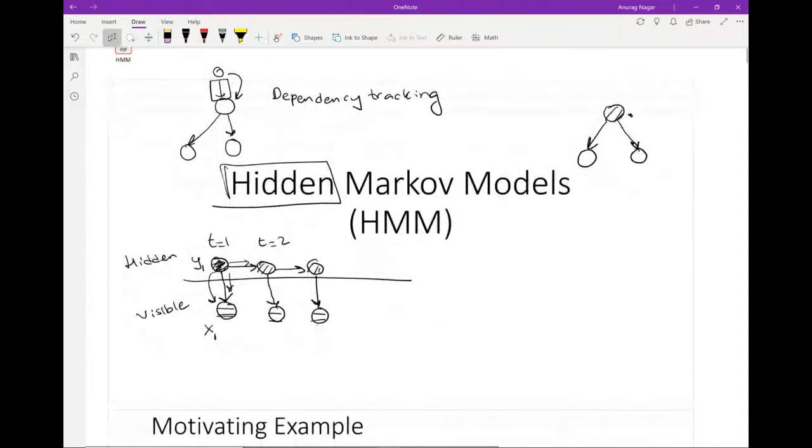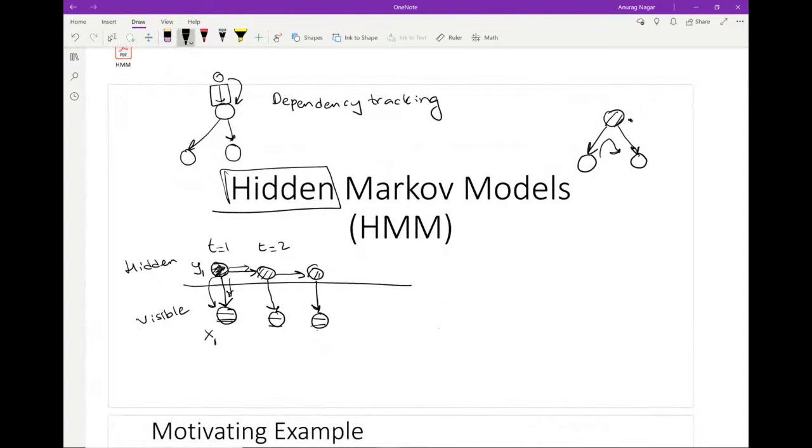If you do not know anything, it would allow the dependency to flow. So I do not know anything about the hidden node, which means these two may influence each other, this one and this one. Okay, anyway, the game keeps on going like this and this.